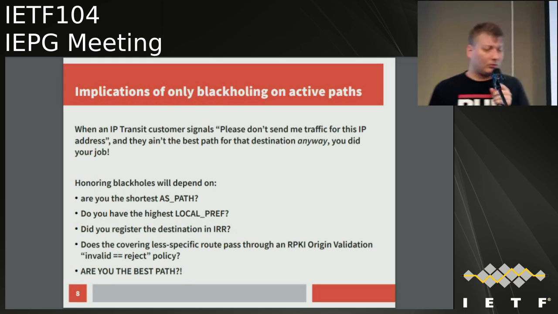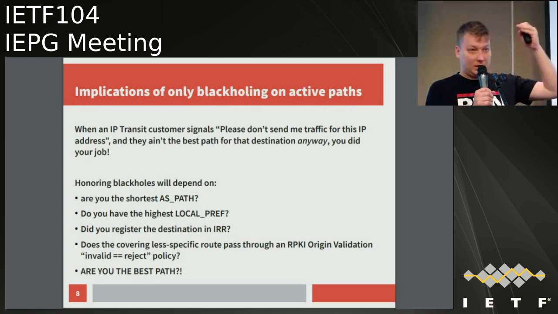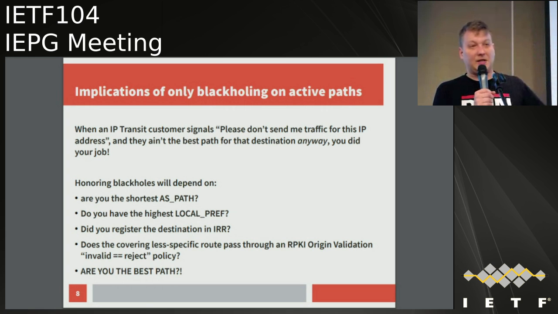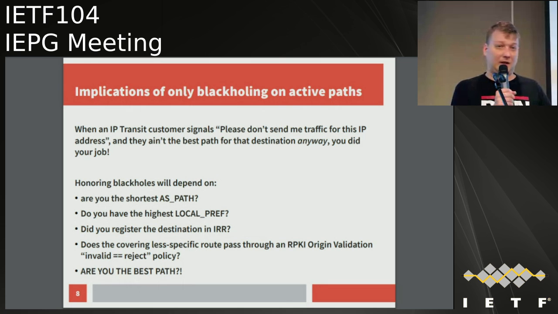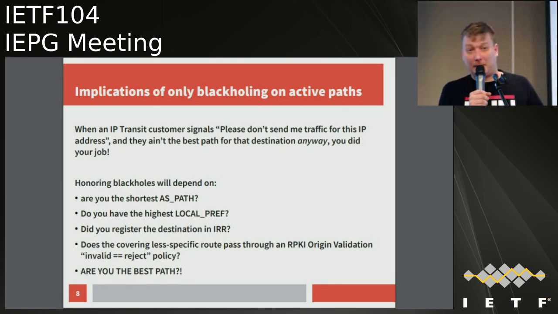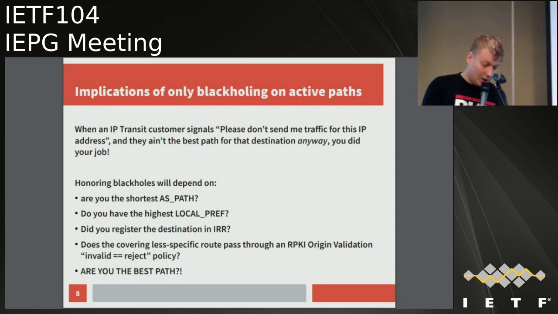Now, the implications of only honoring black holes if you are the best path are numerous. For instance, it makes it much harder for networks to black hole traffic of their competitors, because their competitors are maybe directly connected to your backbone and have the shortest AS path or a higher local preference.